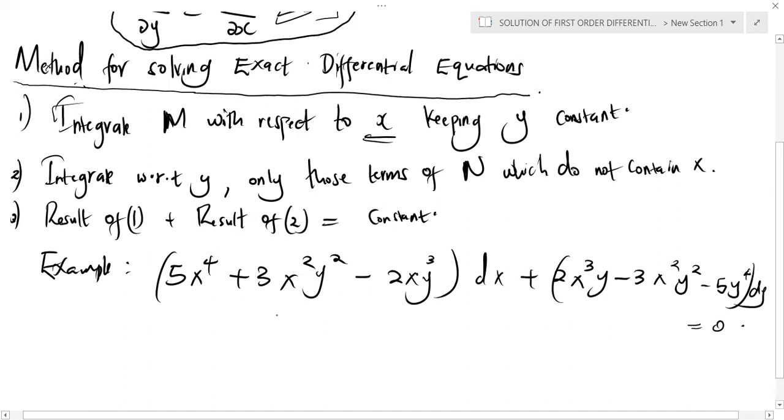So this is our equation right here. This will be our M, and this will obviously be our N.